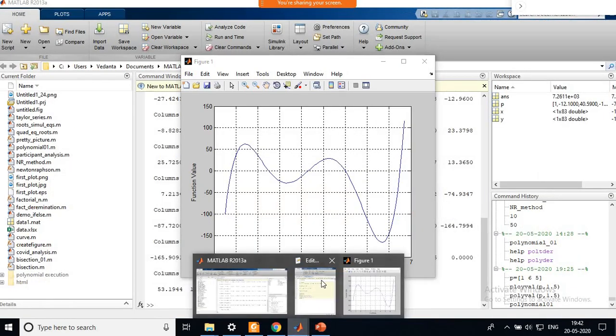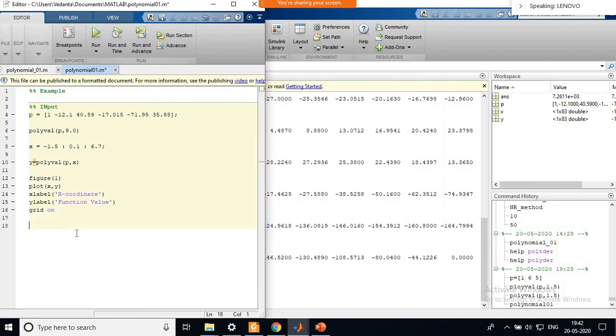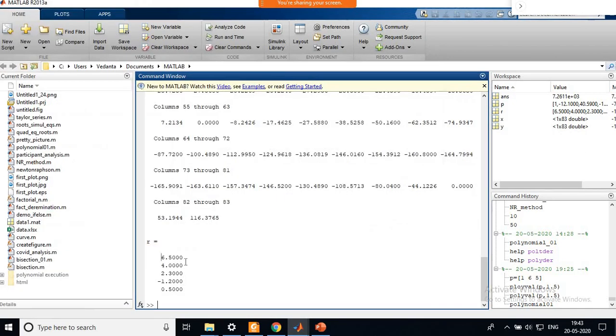So we'll again go back to the function. I'll write here roots of polynomial. Then I can simply use roots. I can say r is equal to roots of p, and we need to provide p as a vector. It is a fifth order polynomial, so it will directly display the values of the roots here.